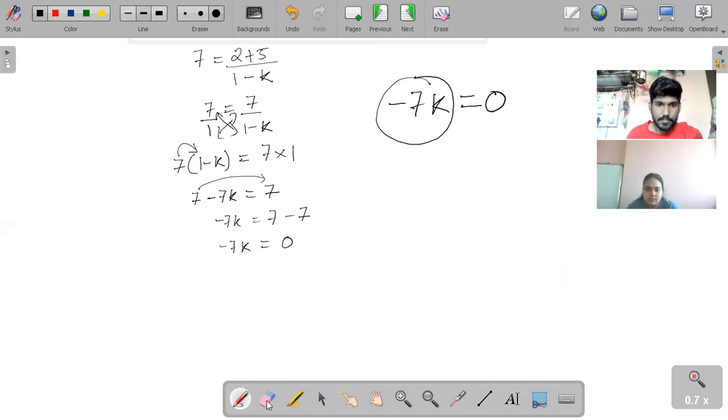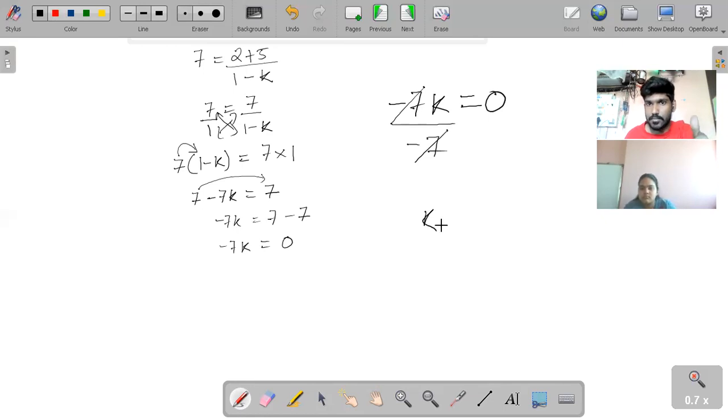Okay, look at this sum in this way. If you divide the left hand side by -7, so this -7 and this -7 will cancel off and you'll be left with only k. Yes or no? Yes.